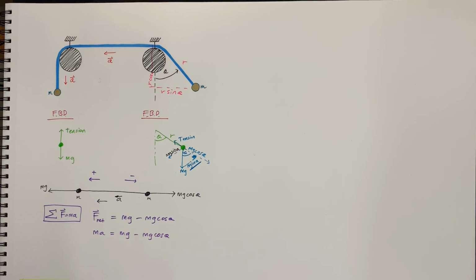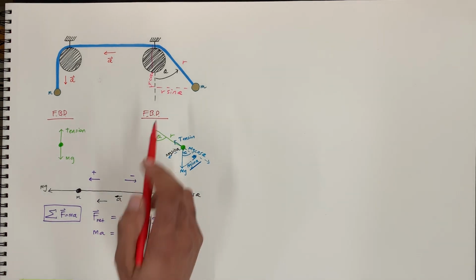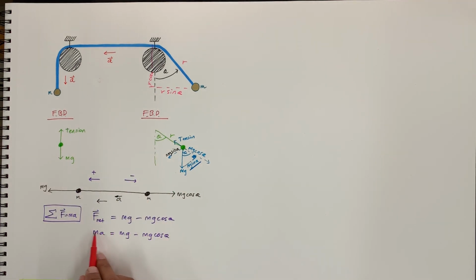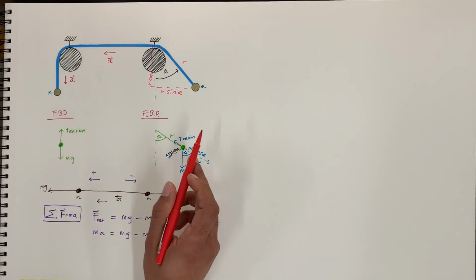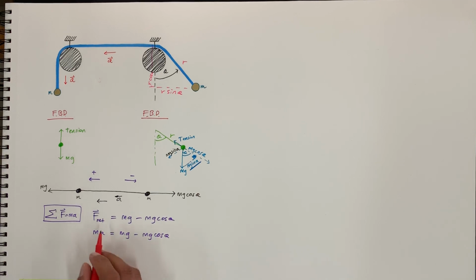Okay? And now this is a little tricky part. Our force net represents the total force of this system, and here we only have one mass. So they're both the same mass, but we have two of them. So we're going to write 2m in place of the mass. So we have two m's, not one.